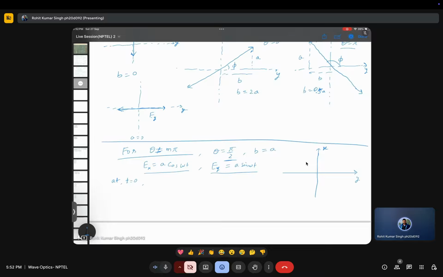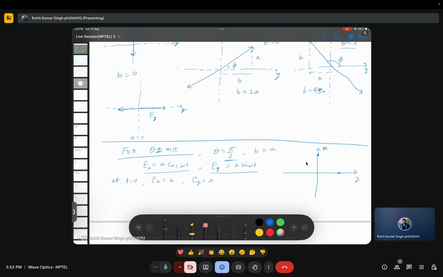At t equal to 0, you have Ex equal to A and you have Ey equal to 0, so you get a point here in the x direction.